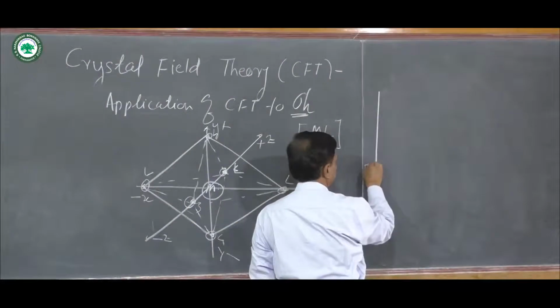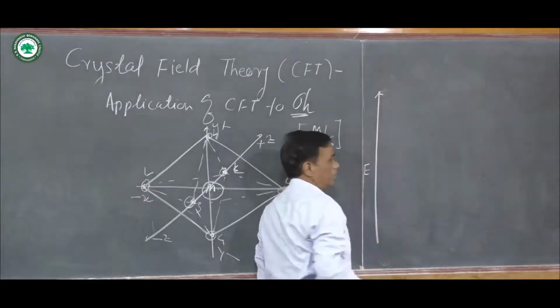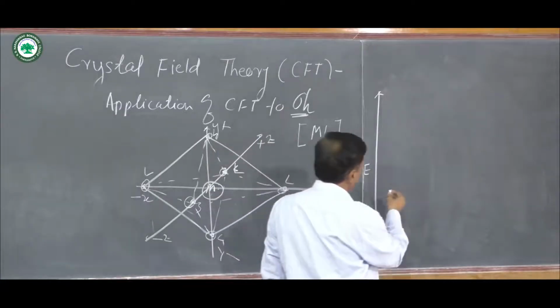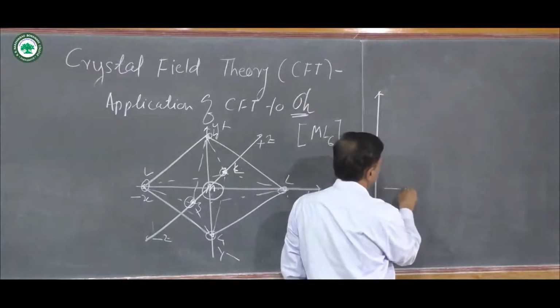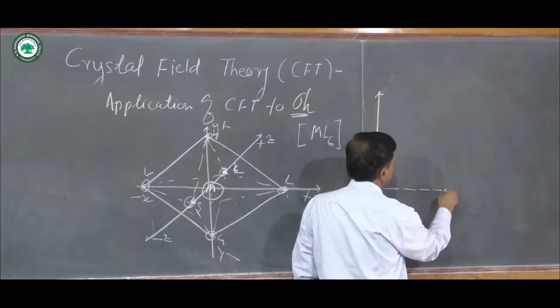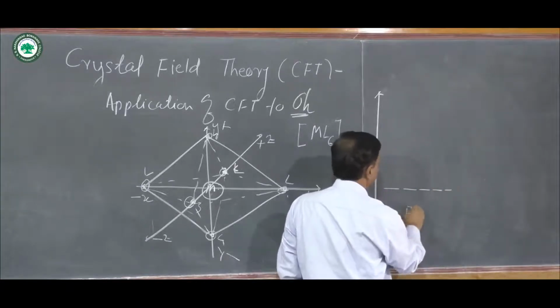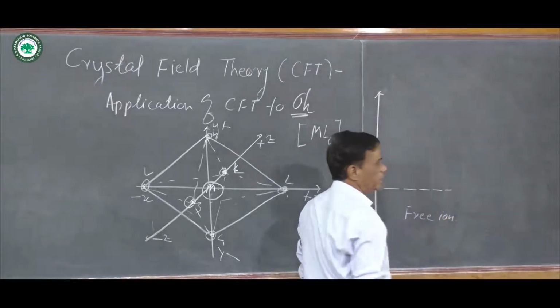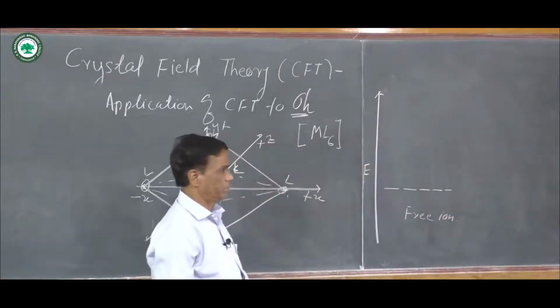Here is energy and the 5d orbitals. When the metal ion is in free state, it is represented like this.